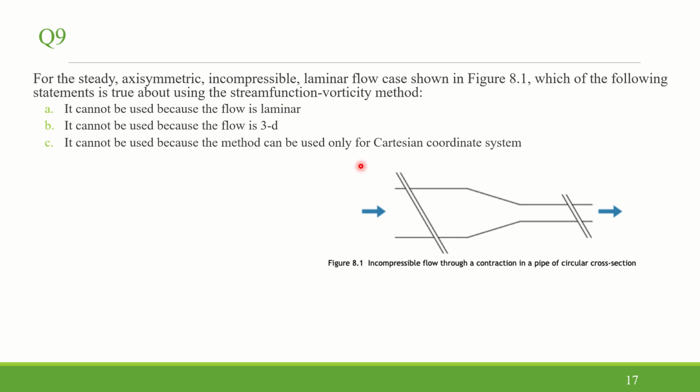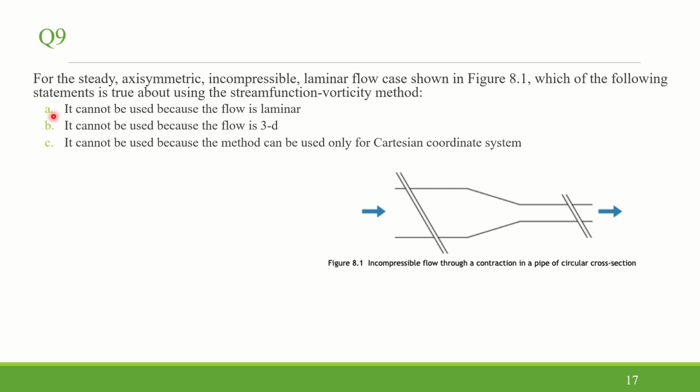So here this is the figure wherein the flow is through the contraction section in a pipe of circular cross section, and the statements are about when we use the stream function vorticity approach.